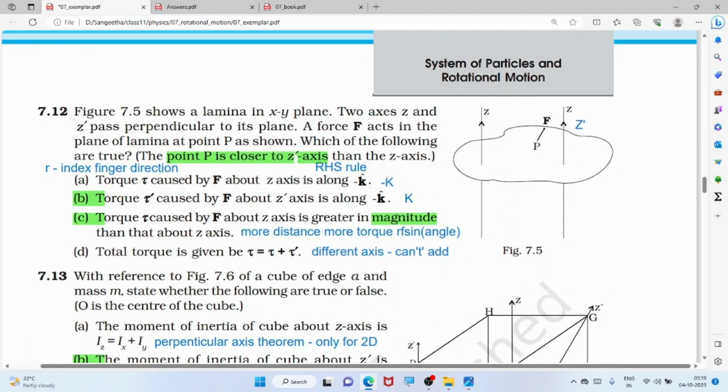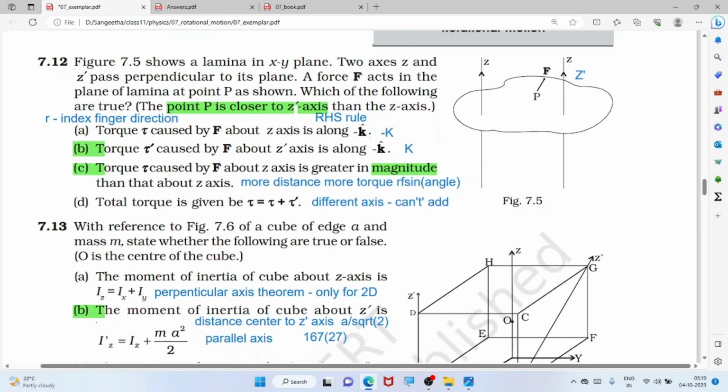Figure 7.1 shows the lamina in the xy plane. The axis z and z dash are perpendicular to its plane. A force F acts on the lamina, closer to this axis. Here if you use the RHS rule, you have to be careful.